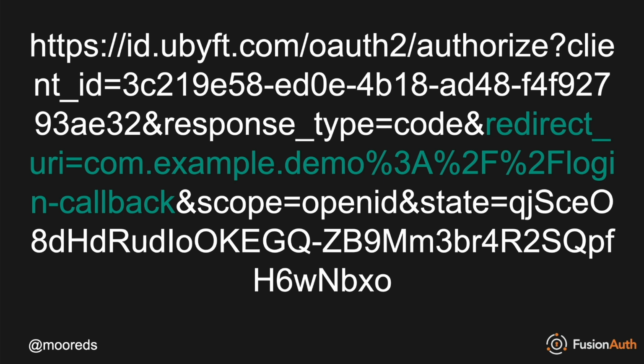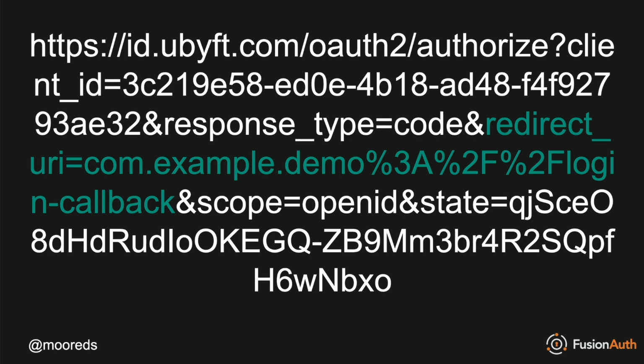So if this were a web application, then that would point to a public URL. And this is basically where the authentication server, the identity server, sends the user after they've been properly authenticated. And at that point, the application, that code that lives at that endpoint, needs to do something to complete the process.